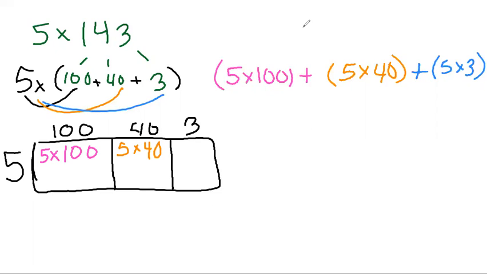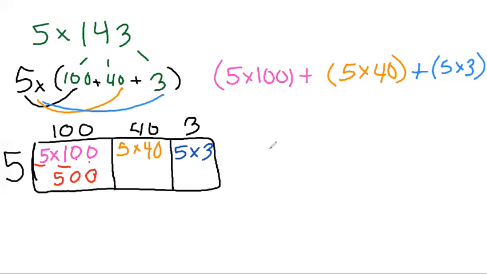And in the last box, we're multiplying your 5 times 3. Let's go back and let's multiply. 5 times 100. 5 times 1 is 5. I have 2 zeros, so I have to add your 2 zeros. So 5 times 100 equals 500.